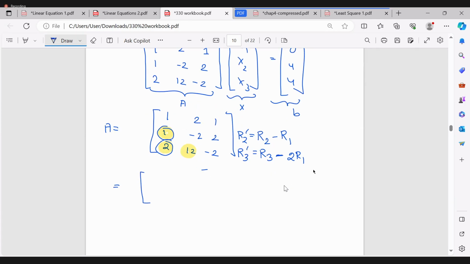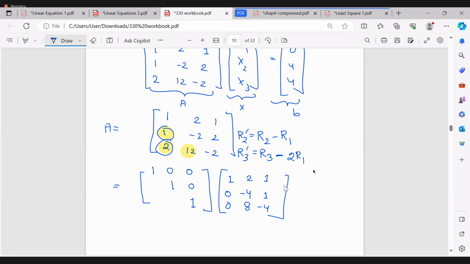And here you will make your L, and here you will have your U. For L, you will have all ones along the principal diagonal, and the values above the principal diagonal should be all zeros. And you write 1, 2, 1. You perform the row operation, you get this.